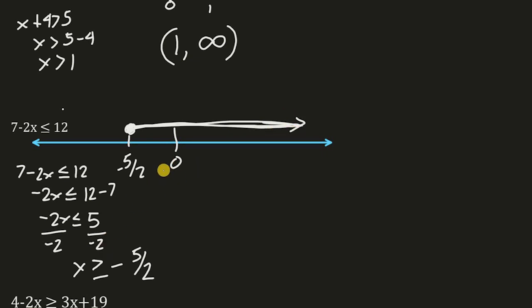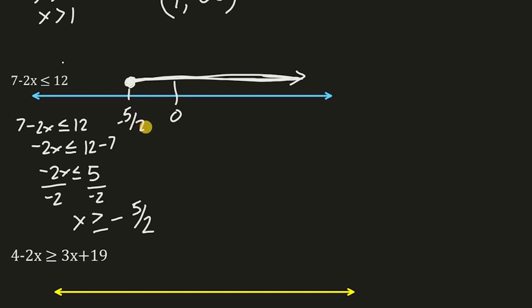So, isulat natin in interval notation. Leftmost value is negative 5 over 2. Rightmost value natin is positive infinity. Ibig sabihin, negative 5 over 2, since kasama siya, gagamit tayo ng bracket. Infinity always, parenthesis yung kasama niyan. So, that's it for this.